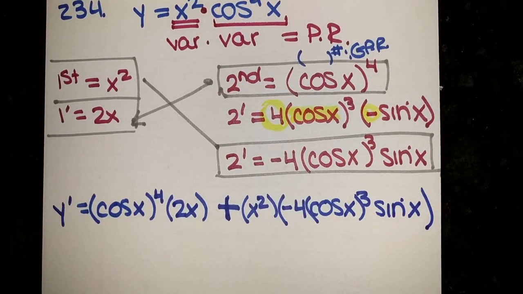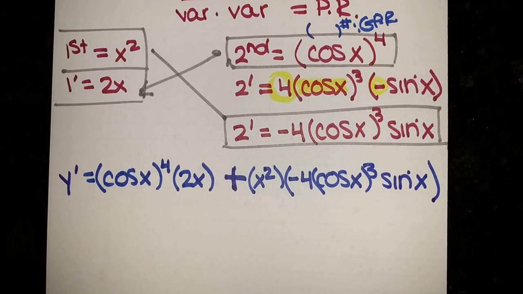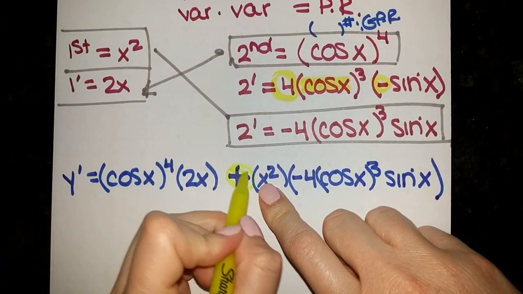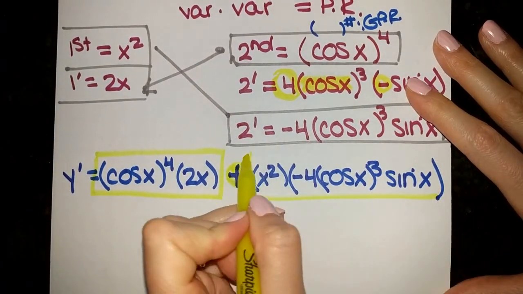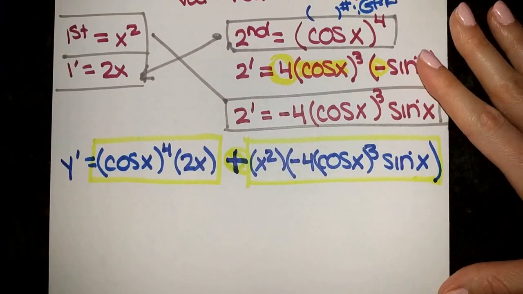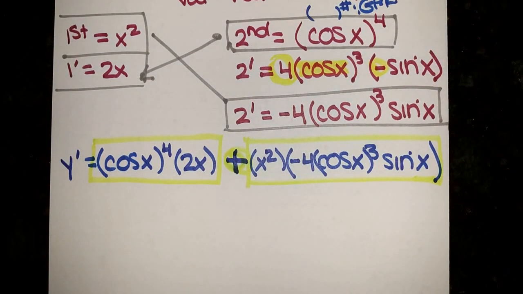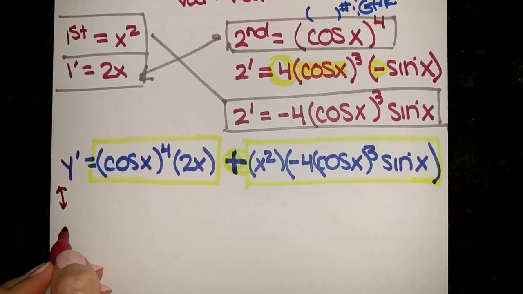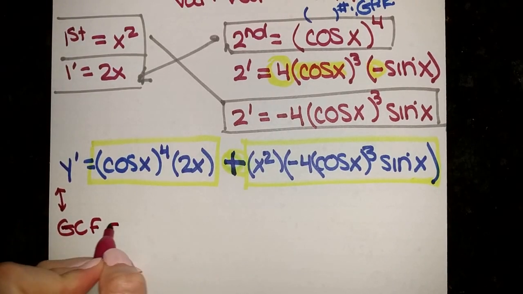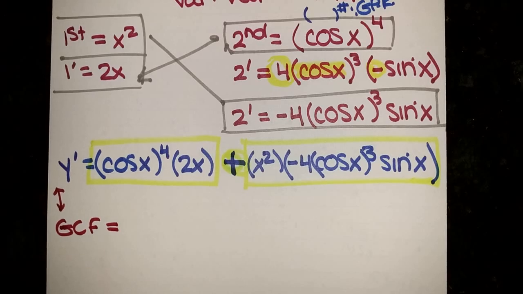All right, now I always like to take a moment and ask myself, is there anything that I can bring out here? Remember that this plus sign splits us up into two separate boxes. And we look at those two boxes and we ask ourselves, is there a greatest common factor? Now remember, and leave yourself a little line here, the greatest common factor, GCF, is your smallest exponent.